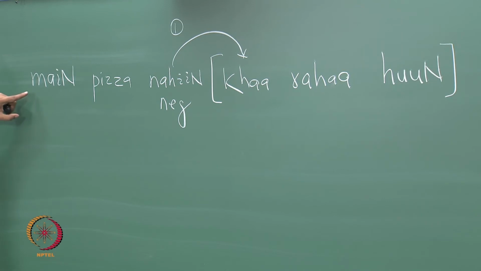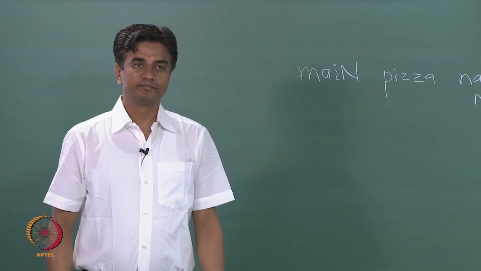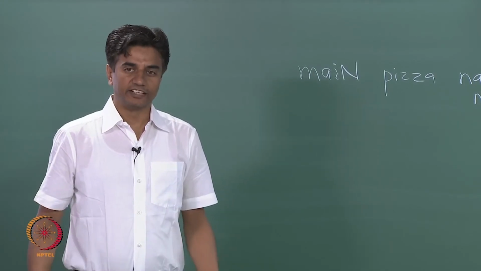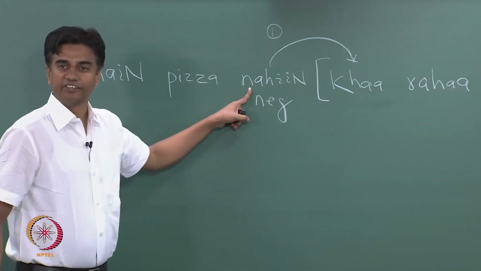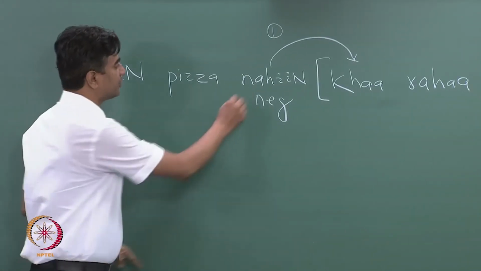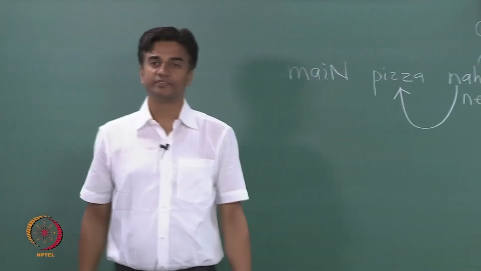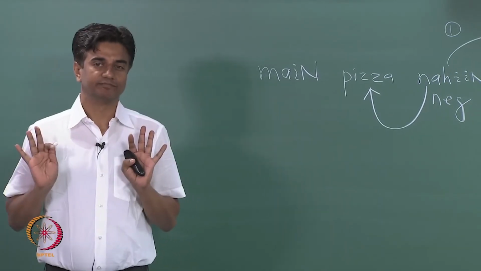Will you believe it if I tell you this sentence is ambiguous in Hindi? In its secondary reading, this negation may also negate pizza. Listen to this carefully. May also negate pizza.